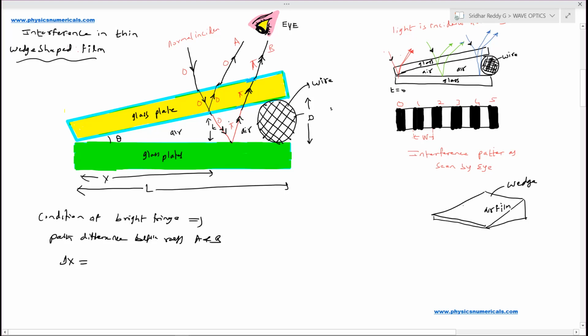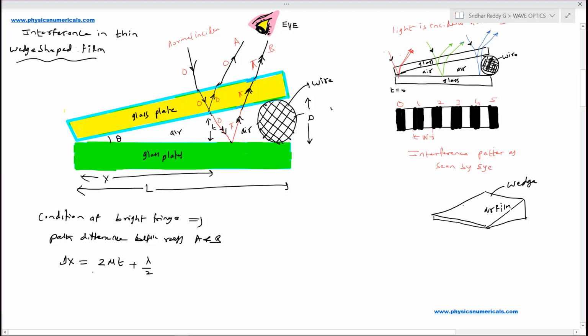Theta is very small, so we can write 2t is what it will cover in air. The optical path length will be 2 mu t. Later on I'll write mu equal to 1. Then ray B has a phase change of pi compared to ray A, so because of that, lambda by 2.